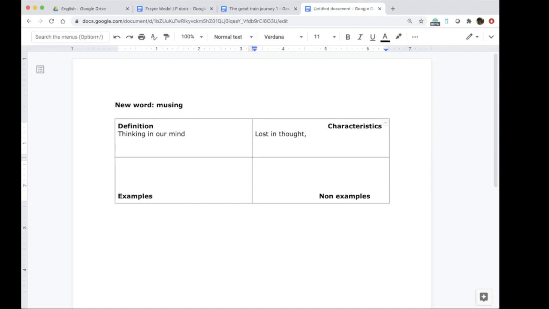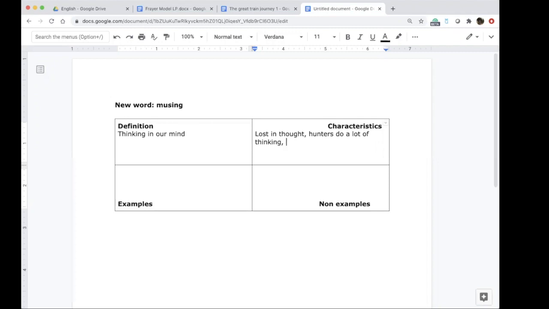Any other, Gokul? Sir, the hunters are thinking to hunt the tiger, sir. Tiger, not deer. Okay, hunters think a lot before killing the deer. Okay, so they do a lot of thinking. Hunters do a lot of thinking. Okay.